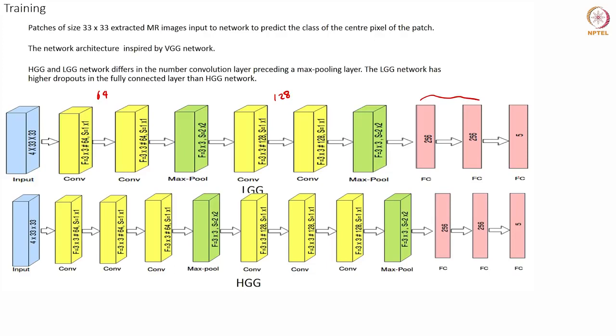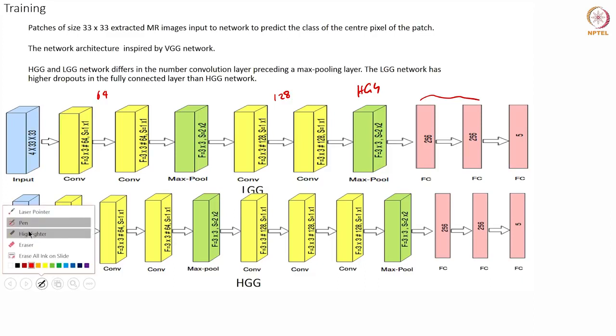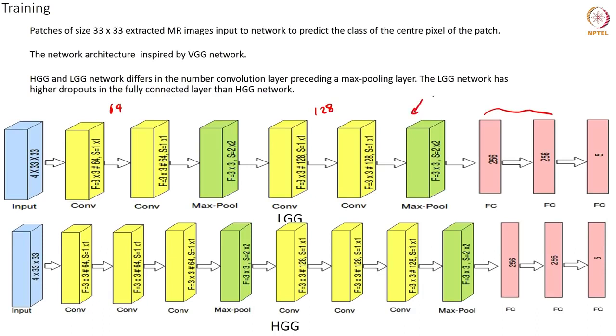Okay. So, this particular group trained 2 networks, one for high grade glioma and the other one for low grade glioma. So, it's actually the other way around. This is the low grade glioma network and this is the high grade glioma network.